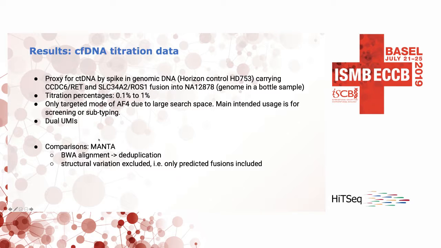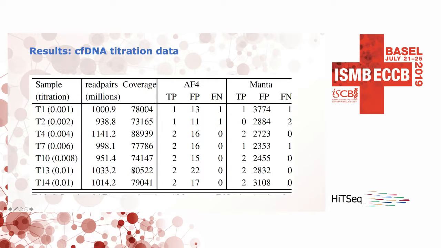We compare with MANTA, which is a structural variation program, but note that we filtered out all the structural variations and only included the fusion-relevant fragments. We have to emphasize that the de novo mode on the cfDNA is not actually useful, because you can see the false positives are overwhelming. The majority are false positives.